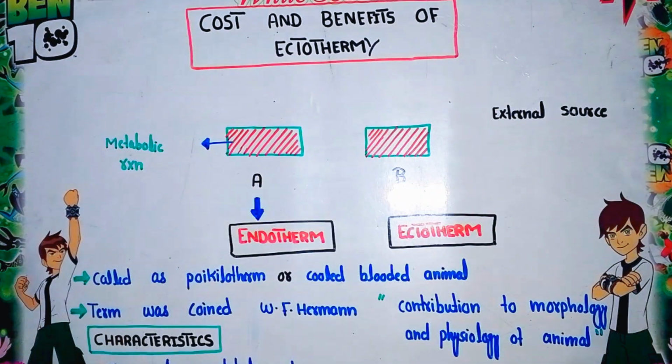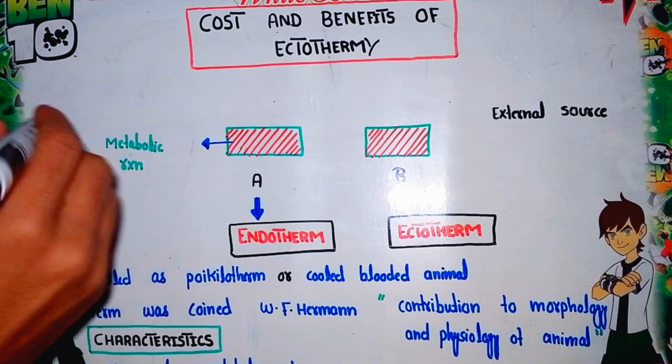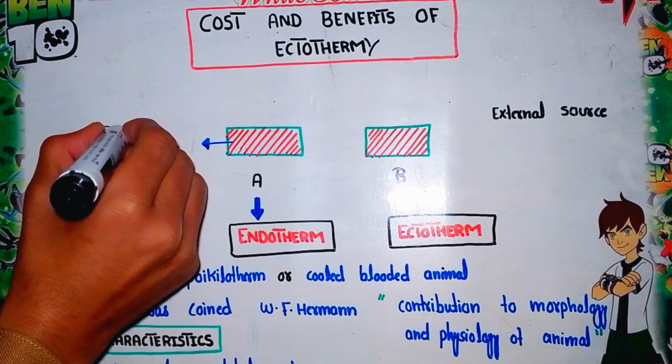Suppose we have two organisms, organism A and organism B. There are only two sources from which an organism gets heat. One of them is the metabolic reactions that mainly occur inside the body of a living organism.